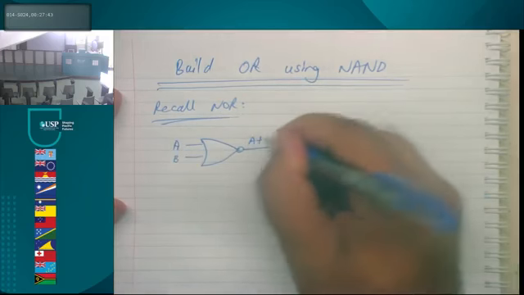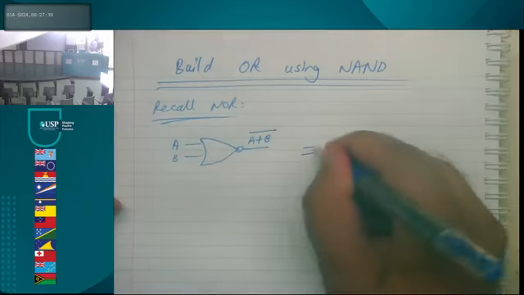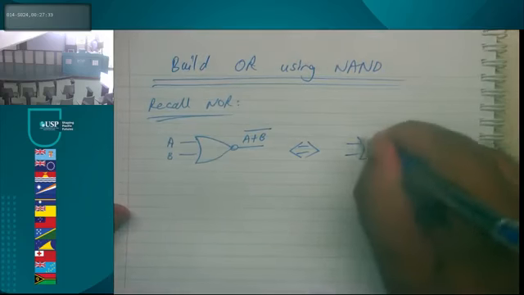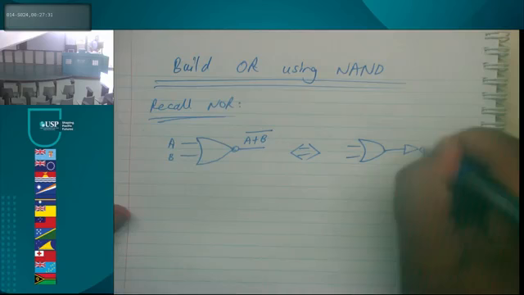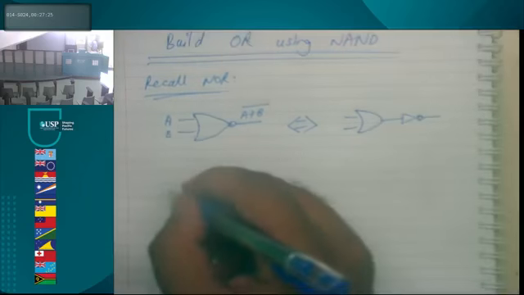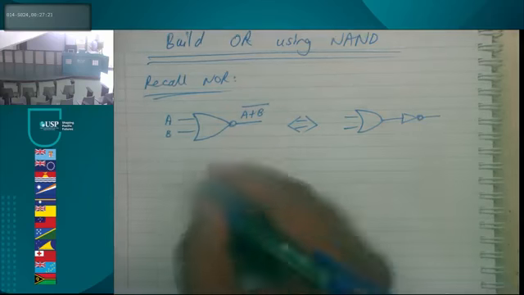That becomes A or B NOT, right? And this is the same as saying an OR gate connected in series with a NOT gate. So the same principles apply. Therefore, in order to build an OR gate from a NOR gate, all you've got to do is flip it over again.